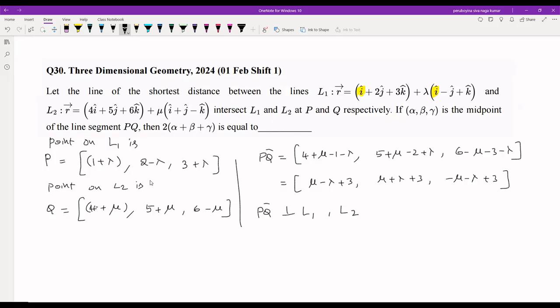So DRs of L1, let's consider. These are DRs of L1 and these are DRs of L2: 1, minus 1, 1.